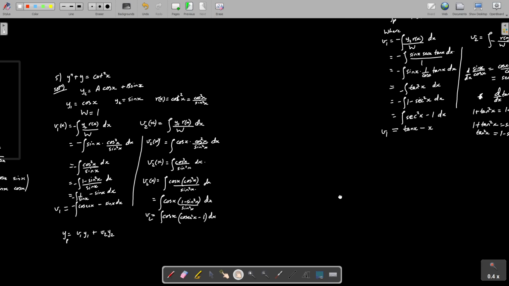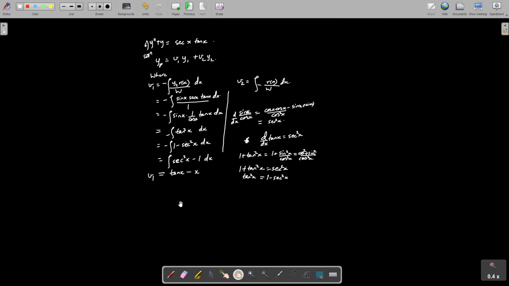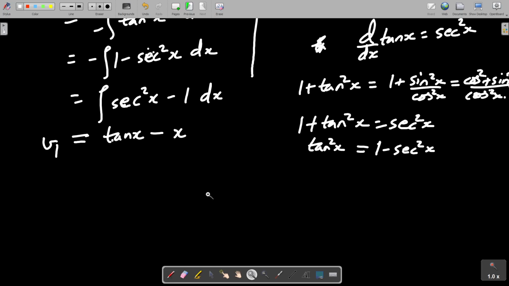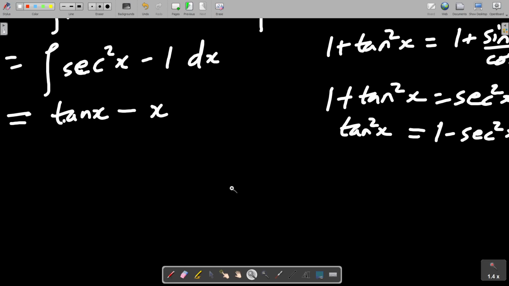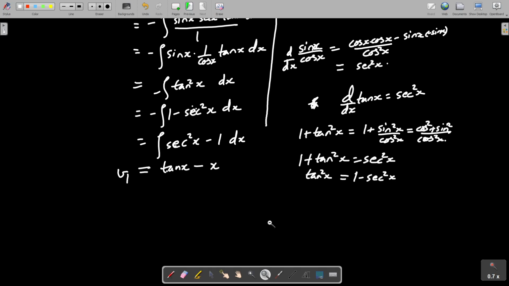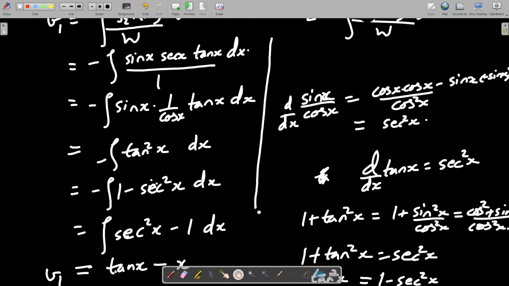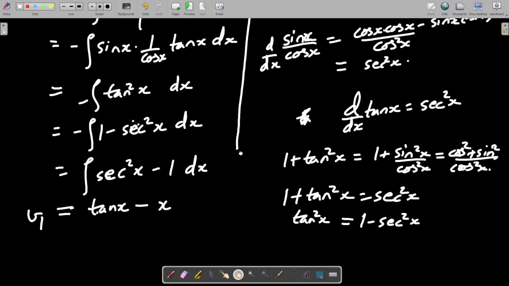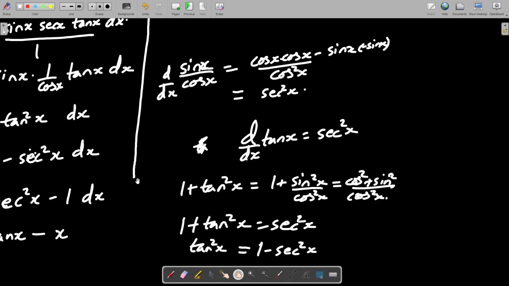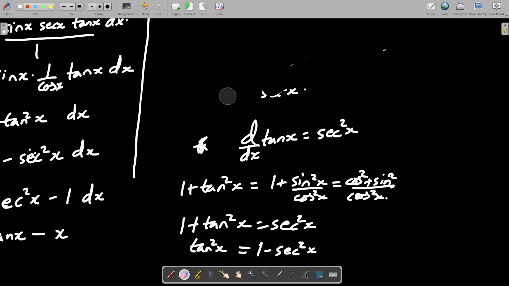Let's go back to the problem which we are doing right now. Okay, so we got v1 to be equal to this. Yeah, I wrote the derivative of tan x instead of the integral of tan x. Okay, so just rub this out.